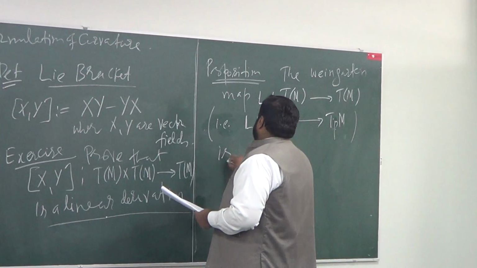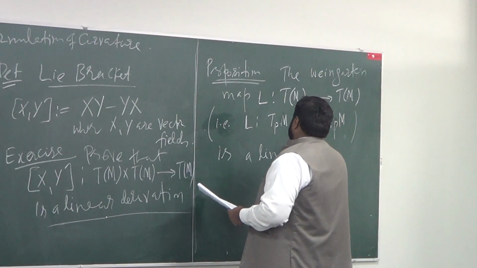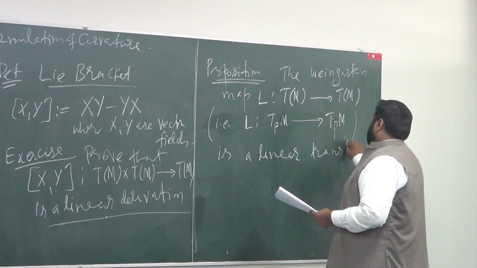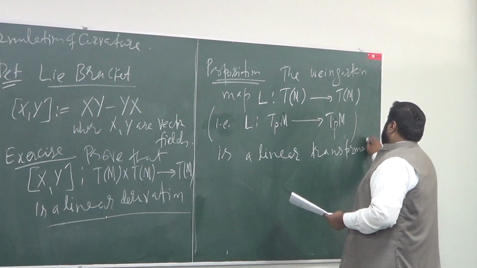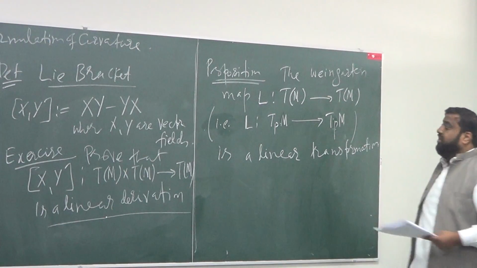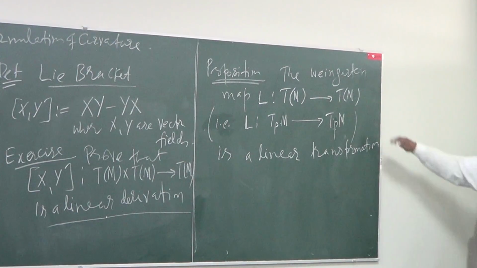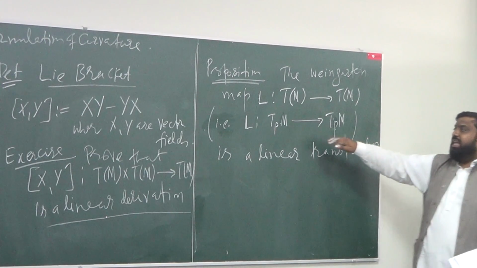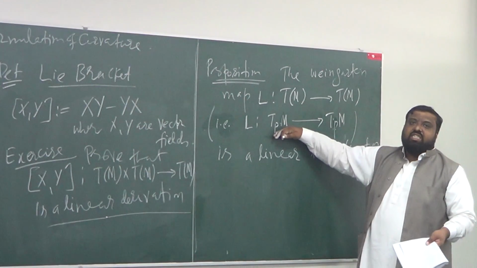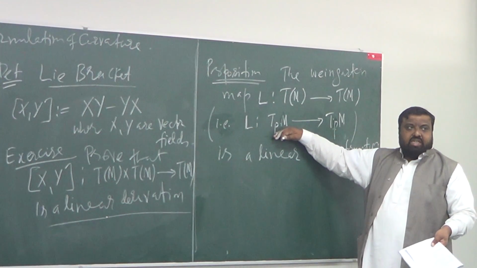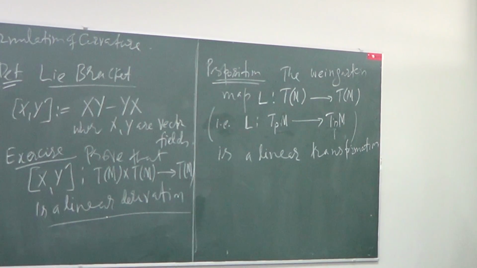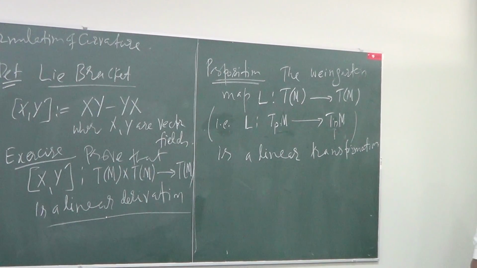And this is a linear transformation. So this statement is a bit imprecise, but this is more precise. L is a kind of map that takes a tangent vector at a point and throws it onto another tangent vector at a point, and it's a linear transformation.